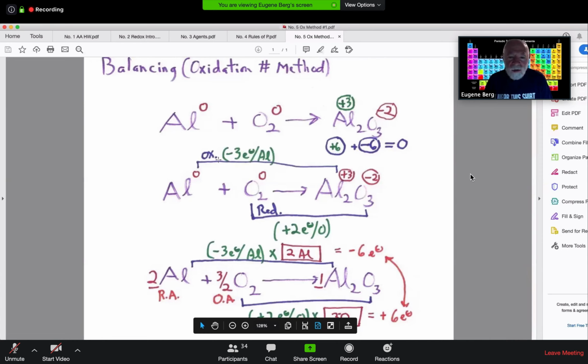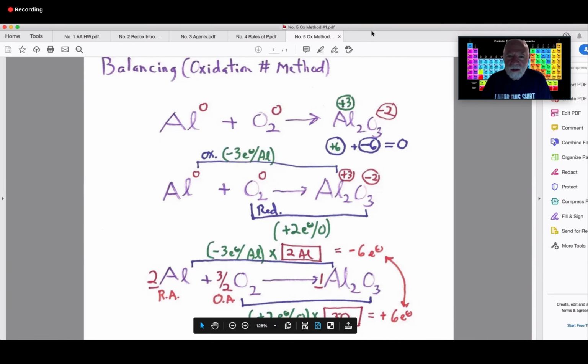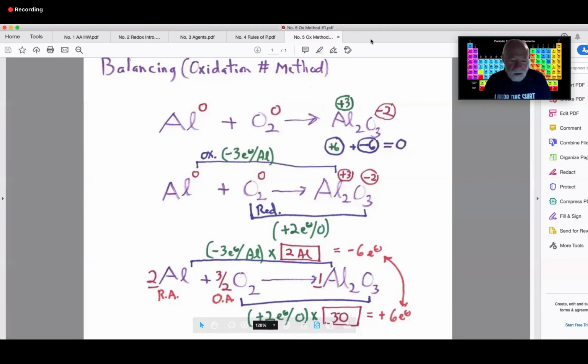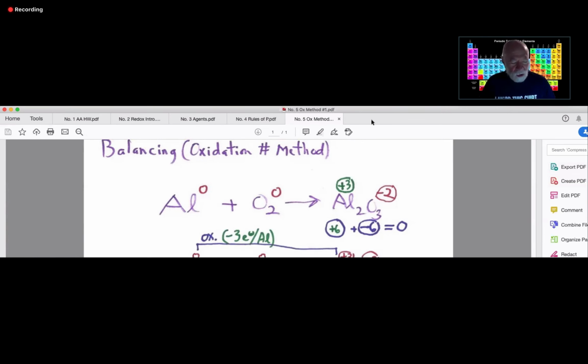I'm going to teach you 2 methods of balancing. The first method is called the oxidation number method. I'd like to work with you on balancing the equation Al plus O2 gives you Al2O3. Notice in red, I marked the oxidation states you get right off of the rules of priority. So aluminum all alone is a 0, O2 alone is a 0.